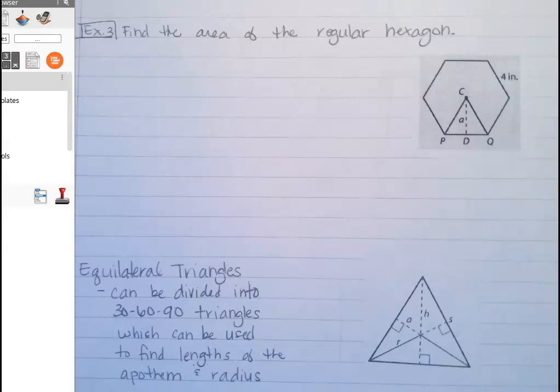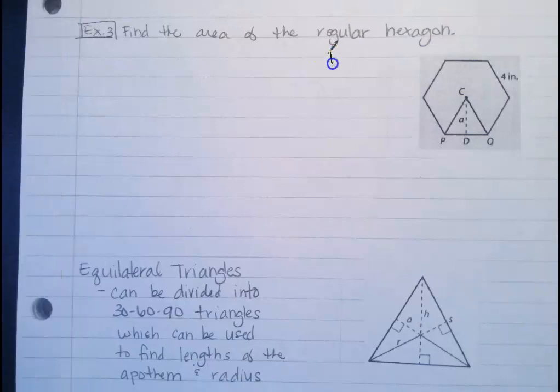Yep, we can find the perimeter. Good. 24. Yeah, the perimeter is 4 times 6, right? Which is 24. And we said we don't know the apothem, so how do we think we're going to go about that? We don't know the area.